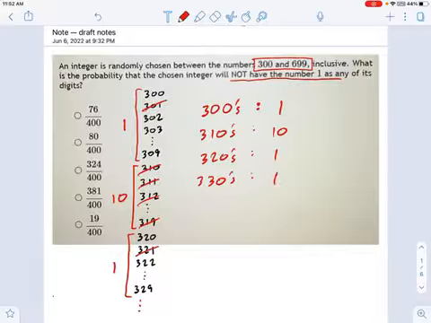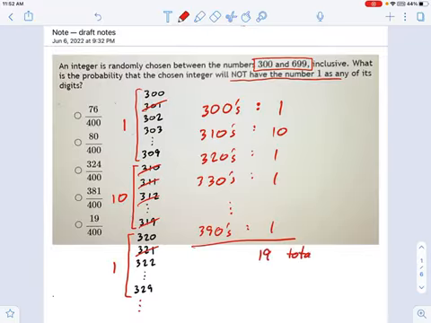You see, we're back to another style of counting. This time we're counting by tens. Eventually, you'll get to the 390s, where there is just 1 problem. You add them all up, and this is 19 total problems. In other words, these are numbers we cannot have in the range 300 to 399.